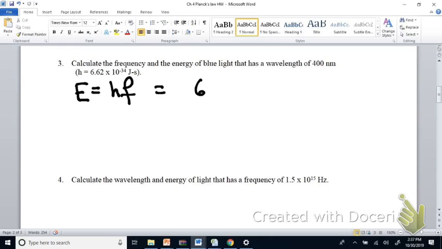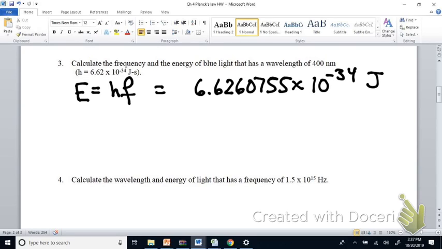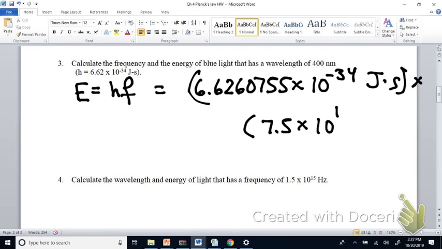This will be 6.6260755 times 10 to the minus 34 joules times seconds times 7.5 times 10 to the 14 inverse seconds.